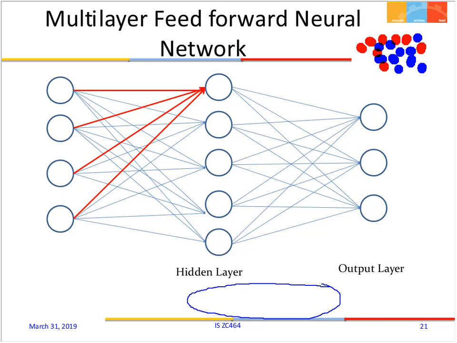I will make it active. So are you able to see this boundary having different curves somewhere around the newly created blue points? This creates more nonlinearity in the classifier.